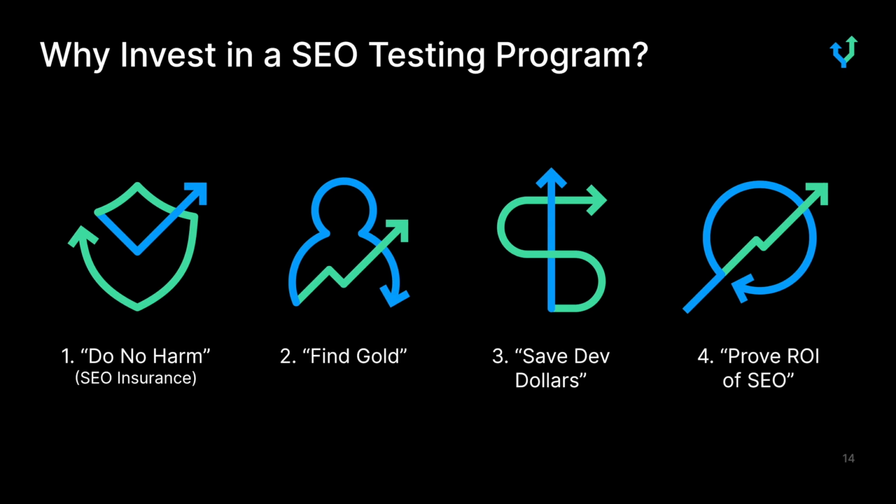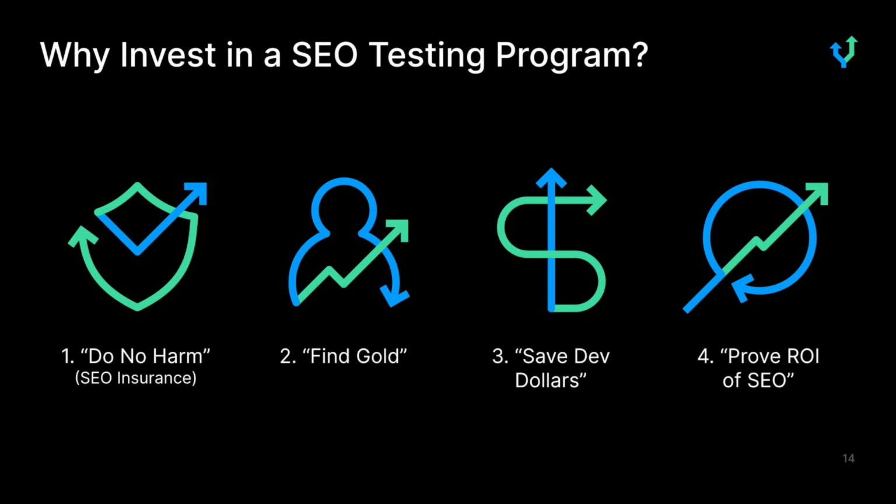And finally, and most importantly, proving the ROI of SEO. A lot of SEOs spend time on things that aren't super fun or interesting for them. They would ideally like to hire an intern or an analyst who can help take some of those lower impact tasks off of their plate.